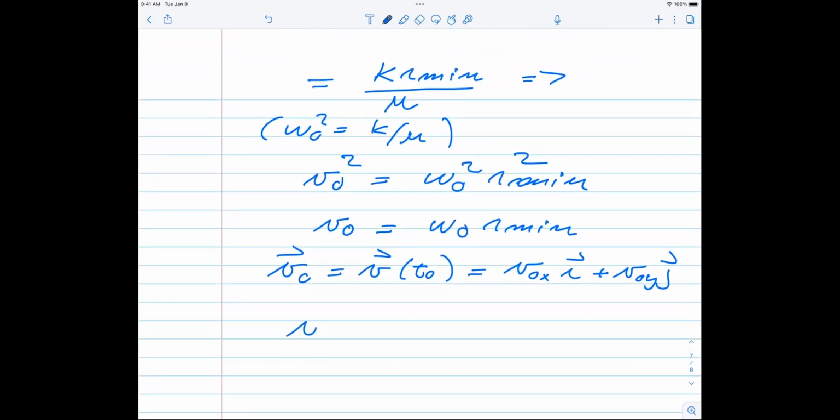So we could now choose v0 equal to 0 times i plus this omega times r min times j here. And this is the same as v0y. So this could be a choice of initial conditions.